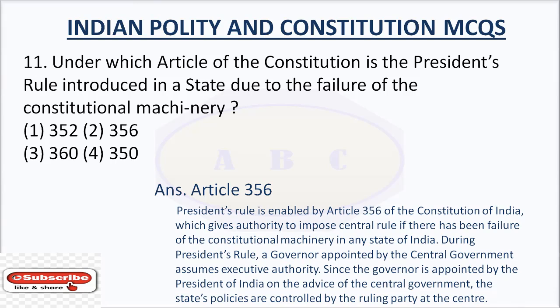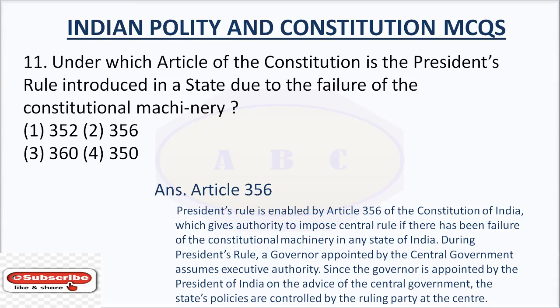President's rule is enabled by Article 356 of the Constitution of India, which gives authority to impose central rule if there has been failure of the constitutional machinery in any state of India.